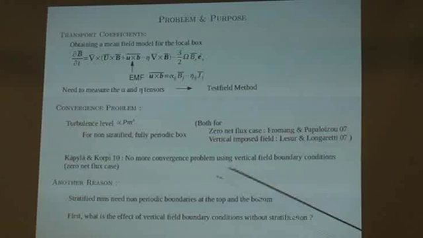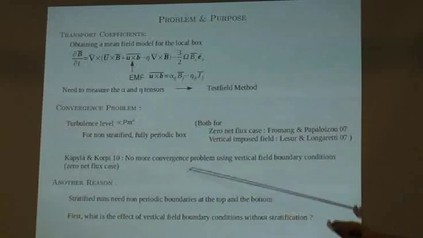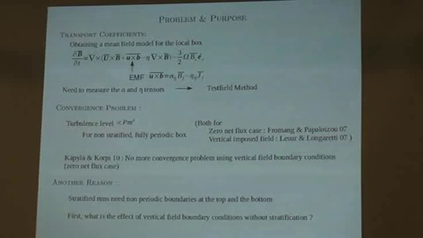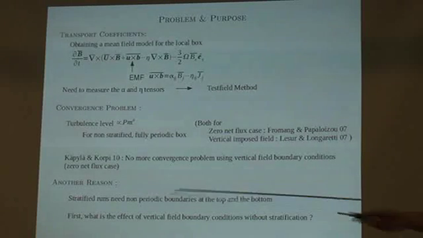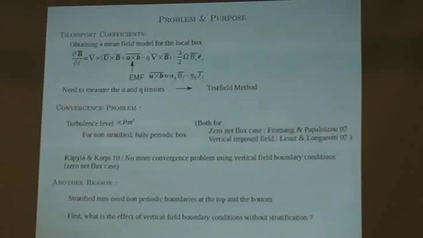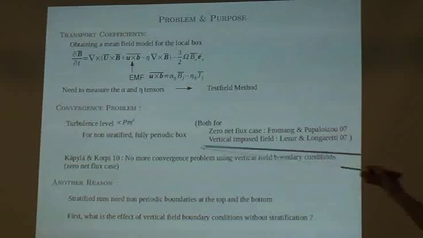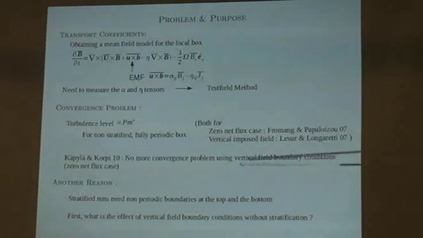But recently, Petri has shown that this problem actually disappears when we use vertical field boundary conditions on the top and the bottom. This was done for zero net flux, so the first reason to use vertical field boundary conditions was to check if this convergence problem also disappears with vertical imposed field and not zero net flux.